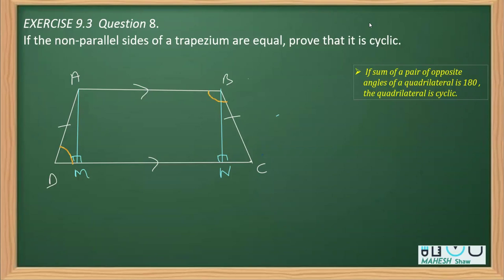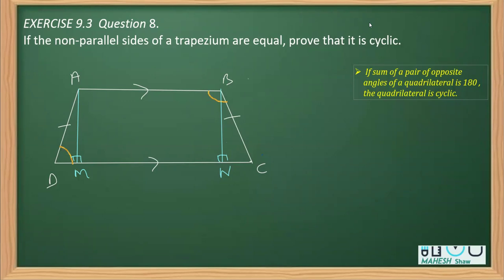In the first part, I'm going to prove these two triangles congruent. The triangles I'm going to prove congruent are this one and this one. This is the first part of the working.